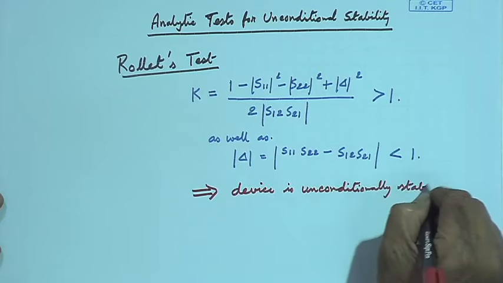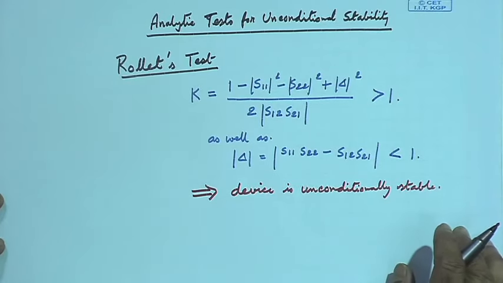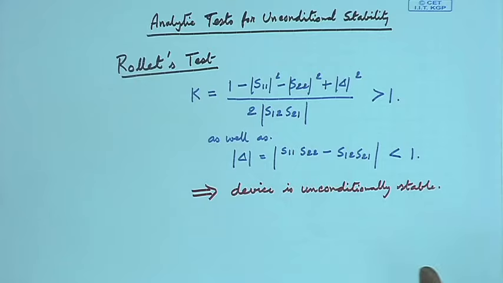That means you can choose any passive load impedance and source impedance, and still you need not worry, your device won't go into oscillation. This is called Rollett's test.